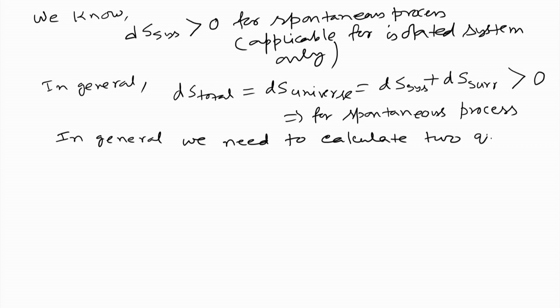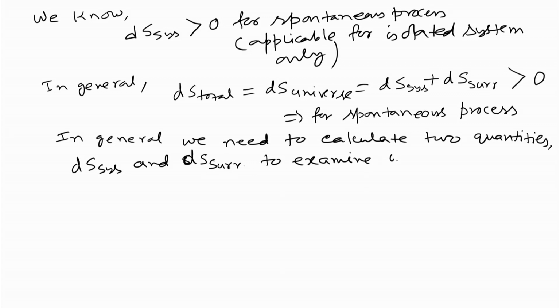two quantities, dS system and dS surroundings, to examine whether the process is spontaneous or not.